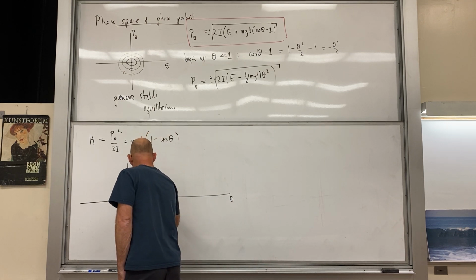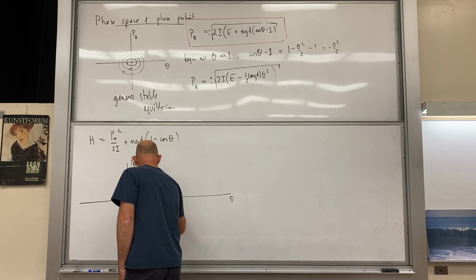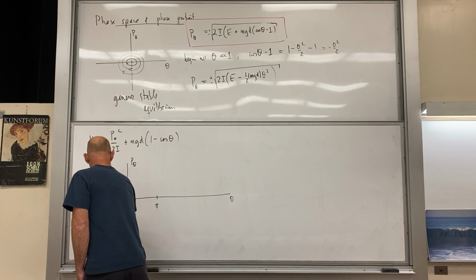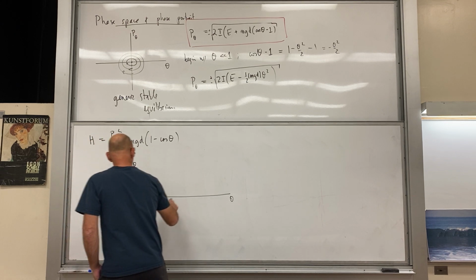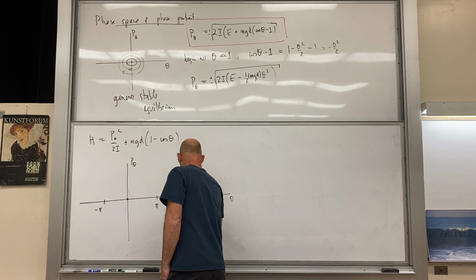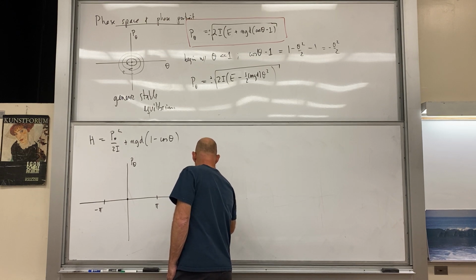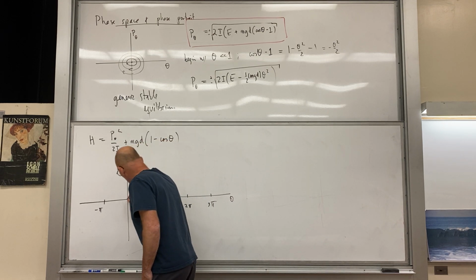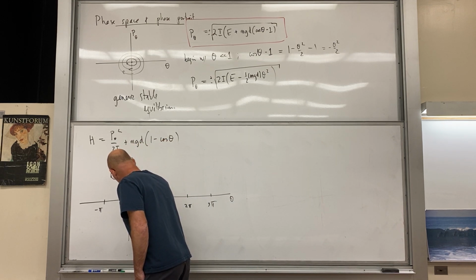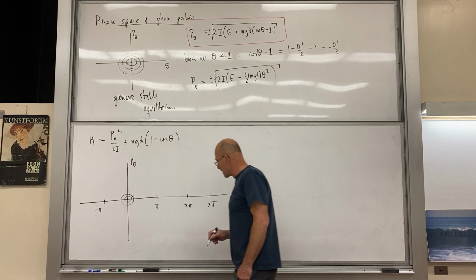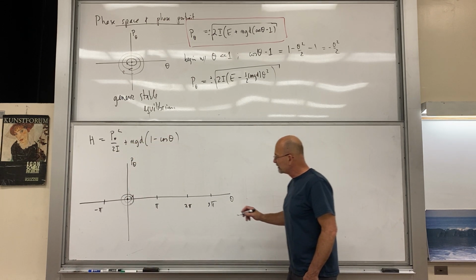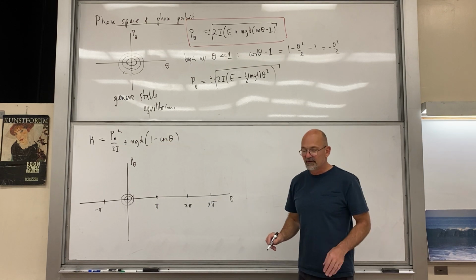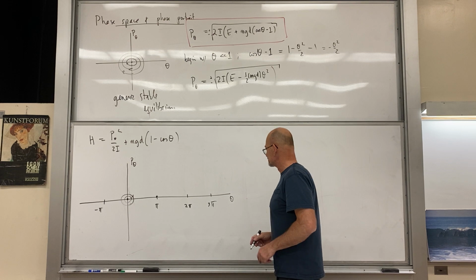Okay, so we're going to go out here to pi, and we'll go from minus pi to pi here. But if it can spin around, 2 pi, 3 pi, etc. And we already know that the phase portrait looks like this for small oscillations. So the question is, what does it look like if the thing is just spinning like a propeller?